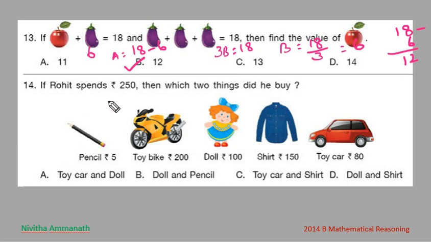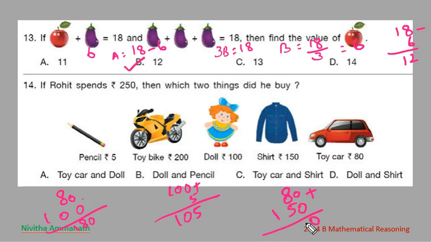Next question. If Rohit spends rupees 250, then which two things did he buy? Toy car and doll. Toy car means 80 rupees and doll 100 rupees. So 180, not 250. Then doll and pencil. Doll and pencil means 100 plus 5. That is 105. Toy car and shirt. That is 80 plus 150. 0, 8 plus 5. 8 in your mind, 5 in your hand.